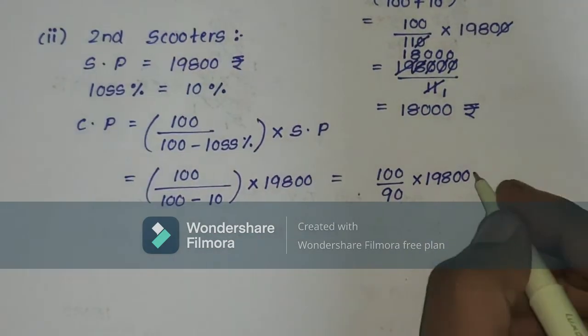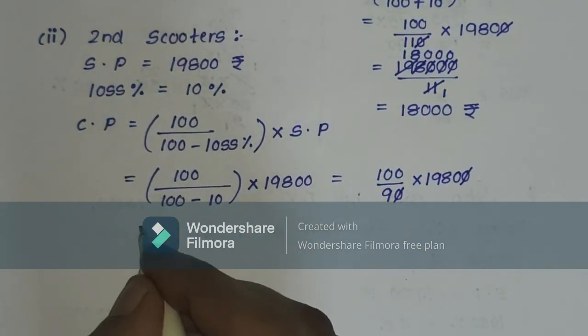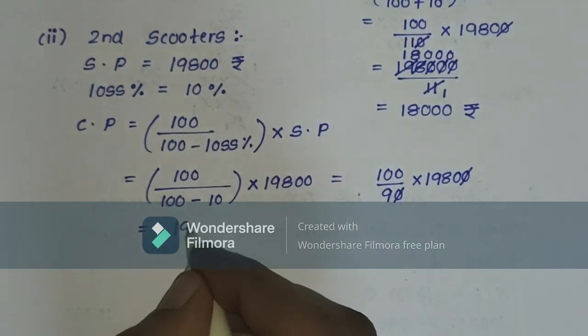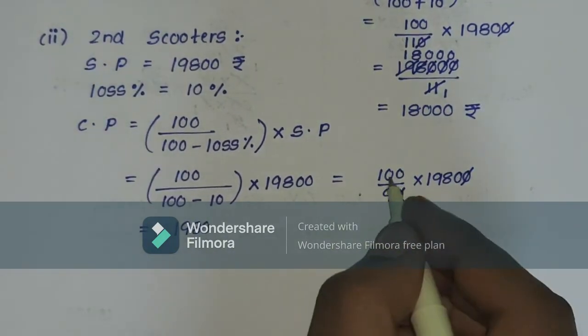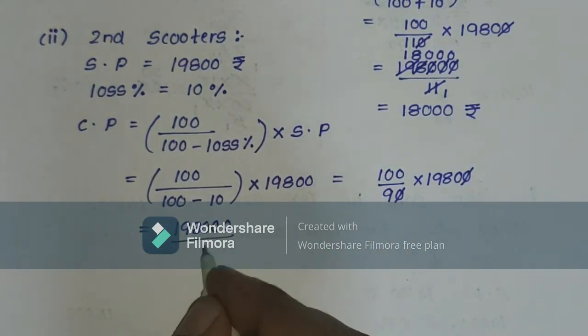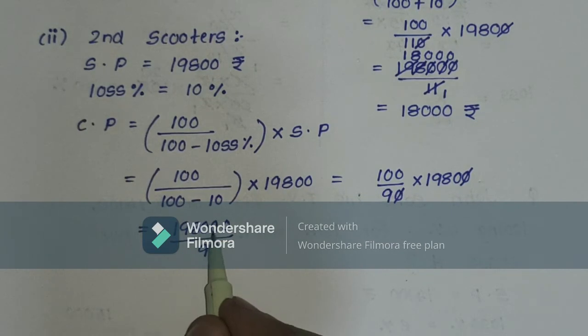Now student, 10 cancels from the numerator and 1 from the denominator. That means the simplified, you will multiply with this numerator, yeah. So 1980 multiplied by 1 is same value, you have 2 more zeros, so add 2 more 0, divide by 9. If you look, the denominator is 9. Now let us check whether the numerator is divisible by 9. See, sum of digits is 18.